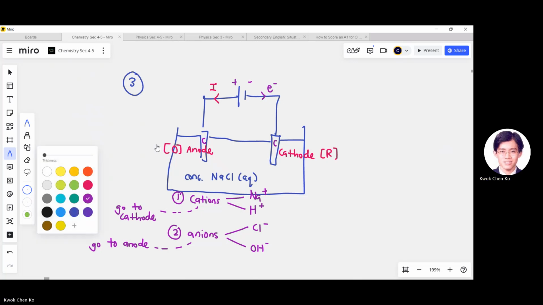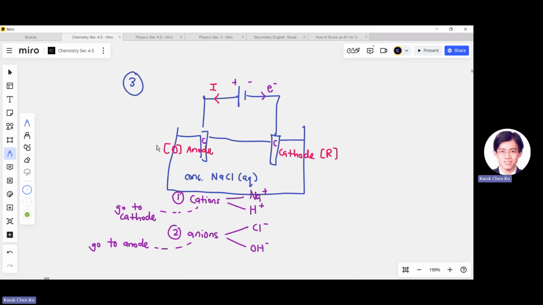Next question, important question. I have two cations. Ask yourself, which one is discharged? Is it sodium plus or is it H plus? That's the technical word you need to know: discharge. Actually, it's a fancy word. Basically, discharge means undergo reaction. Same thing for anions.